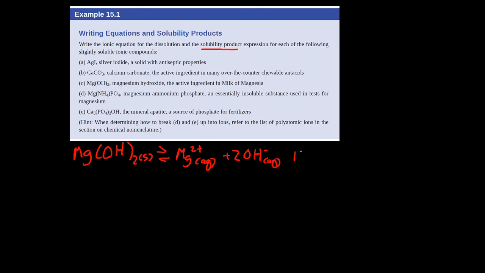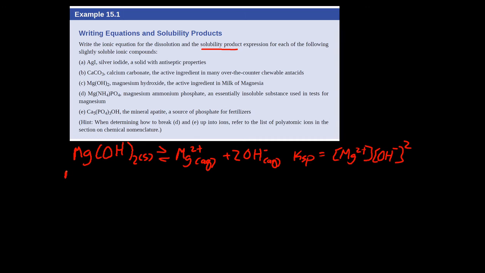What that means is our Ksp is going to look a little bit different here, because now we have not only the 1 magnesium 2 plus, but we're going to have OH minus squared. Because remember, we take the coefficients and we plug those in as the exponent in the equilibrium constant, which is going to make the next one here even more complicated.